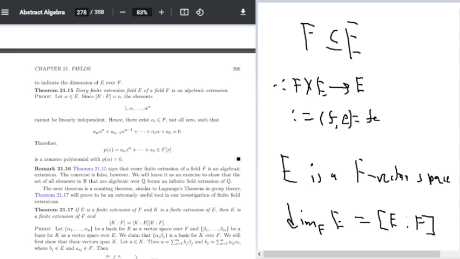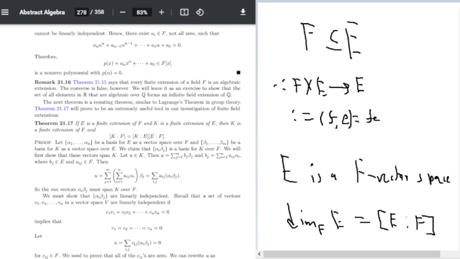Therefore, p(x) equal to a_n x to the n plus on and on to plus a_0 in F[x] is a non-zero polynomial with p(alpha) equal to 0. Bringing back the uniqueness of the monic polynomial, and then creating the respective extension field shows us that E is an algebraic extension of F.